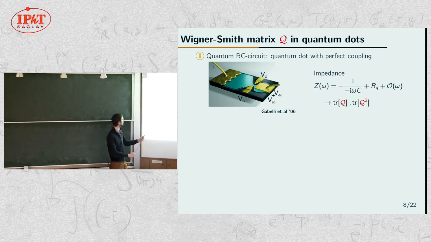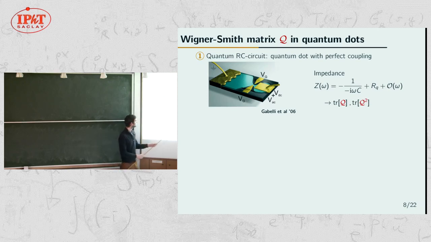And there are actually some experiments that were done at the ENS in Paris, where you take a quantum dot and you put a gate on top of this to make some kind of microscopic capacitor. And you study the impedance of this circuit, which for low frequency takes this form here. You can extract the capacitance and some charge relaxation resistance, which is related to the time the charge you inject will stay inside before leaving.